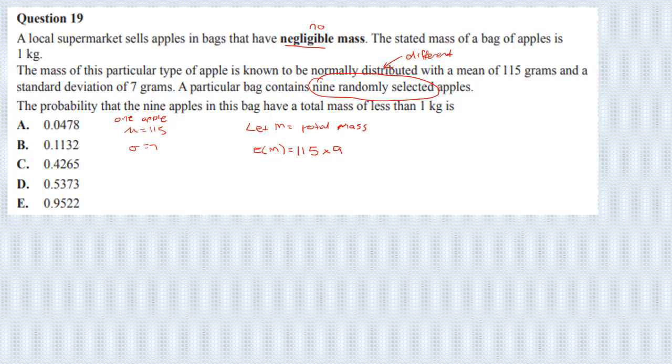This is not a change of scale. Each of our 9 different apples are going to have different values, but each of them, we could expect the weight of each of them to be 115. So that's the expected weight.